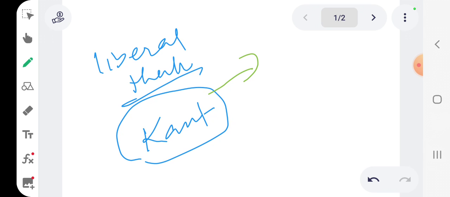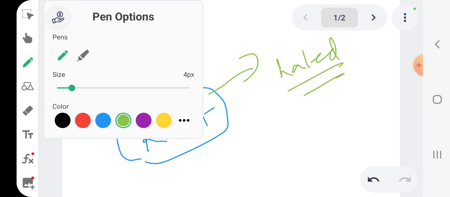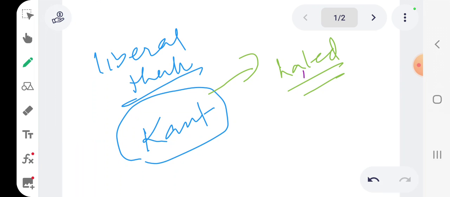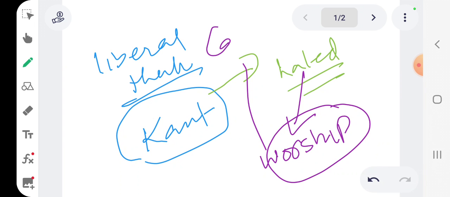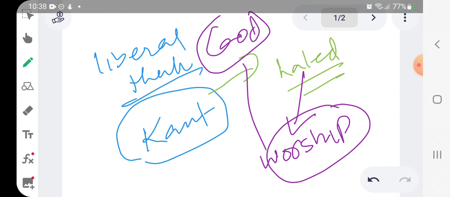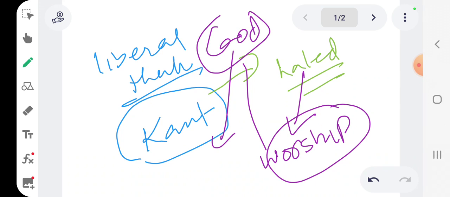He actually hated the whole concept of worship to God. He thought that it was beyond human dignity to worship God, submit to God.